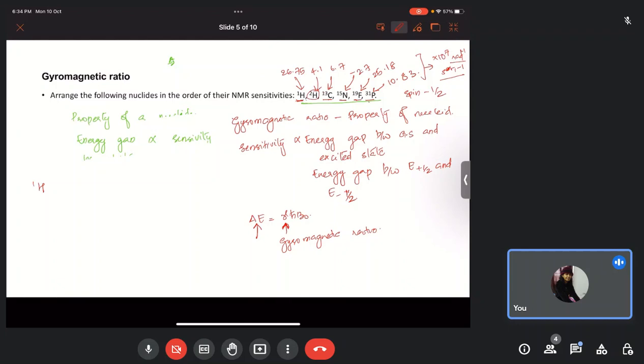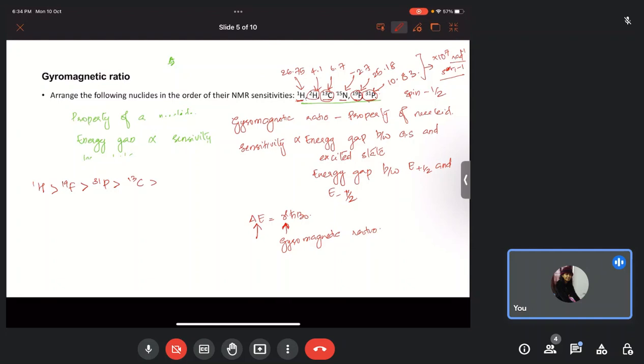The next one is going to be fluorine, which is 25.18. So proton is greater than 19F, and the next one is 31 phosphorus, with 10.83 times 10 to the power 7. Then comes 13C carbon, with 6.7.